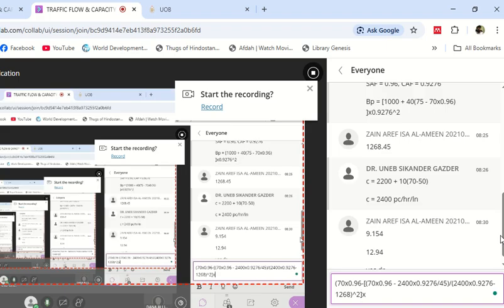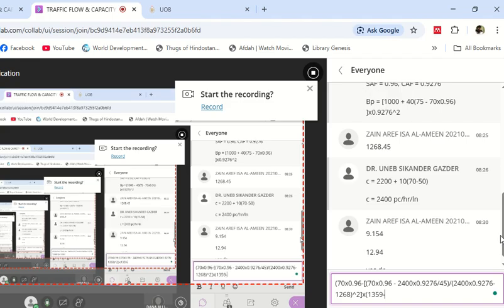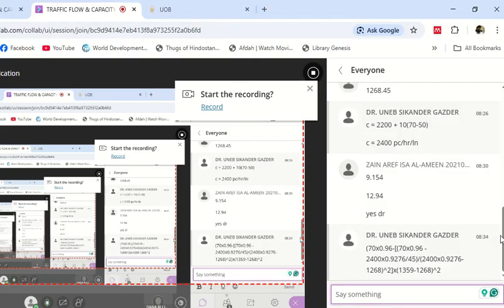Okay, and this whole ratio multiplied by flow rate 1359 minus 1268, square. This is what we are trying to do.